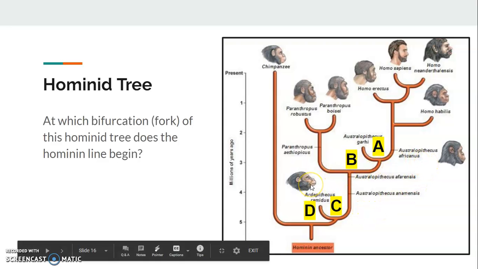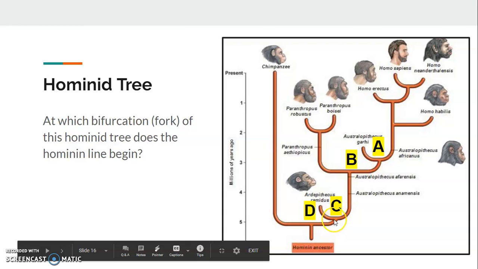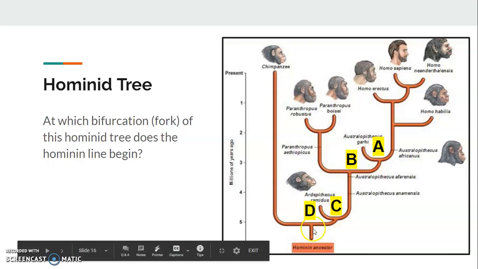Even Ardipithecus ramidus, yes, looks very much like a chimpanzee, however it evolved more recently in the timeline than the last common ancestor that our line had with a chimpanzee. So still, according to this graph, Homo sapiens and chimpanzees came from a most recent common ancestor around 5 million years ago.